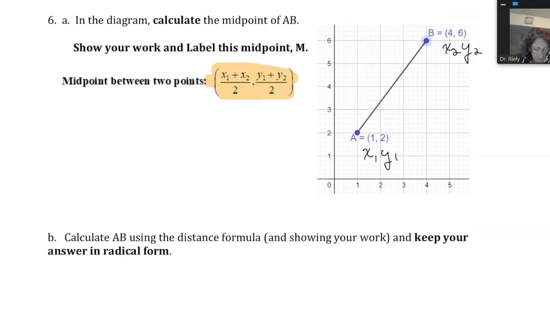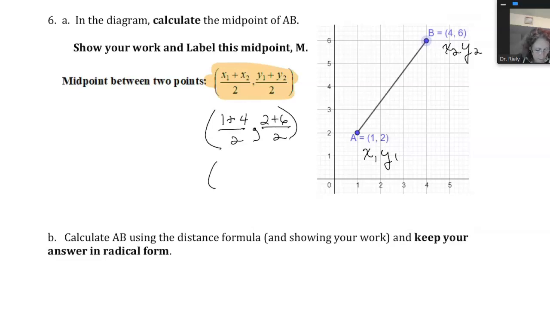Okay, so let's find the midpoint or the middle of that line segment. So I see my formula is x1 plus x2. So right underneath, I'm going to say x1 is 1. So 1 plus 4 over 2, that's the x value, comma, y1, which is 2, plus 6, which is y2, over 2.